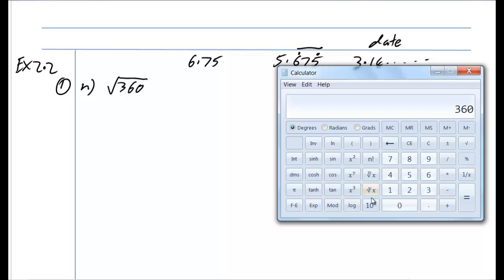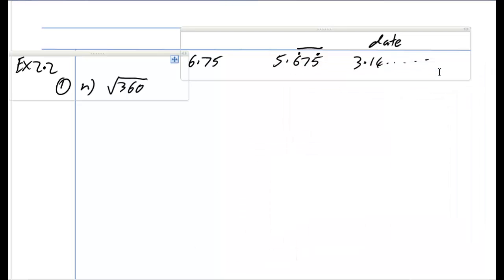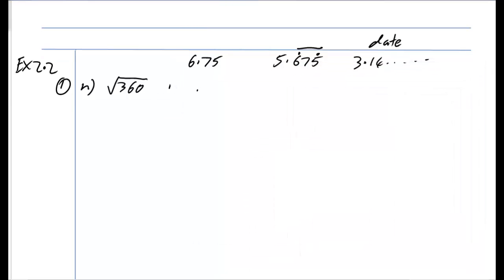I can't see it. Must be here somewhere. I'm blind. Oh, there it is over there. Square root. Okay. Now look at that number. Is there a regular repeating pattern? No, there's not. It just seems to keep going on and on forever. So that number is an irrational. So what you write for your answer, it's an irrational number. It means it just goes on forever.